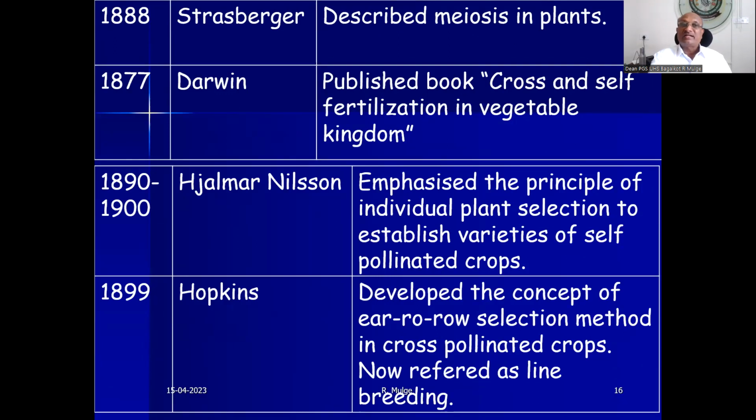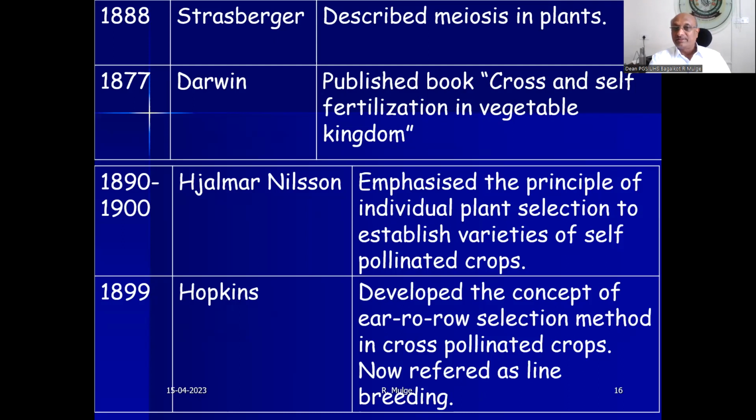So what is the understanding derived? You have to select individual plants, not just in bulk. Individual plants, you make selection. That means the good plants, high yielding or whatever characters you are looking at, you are going to select, and that will help in improvement.